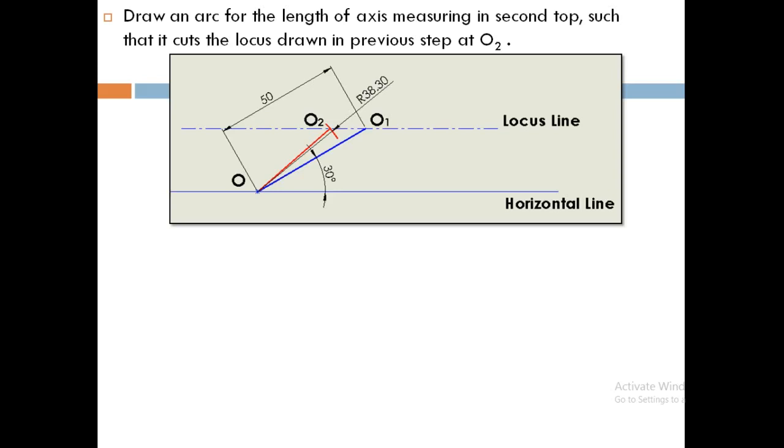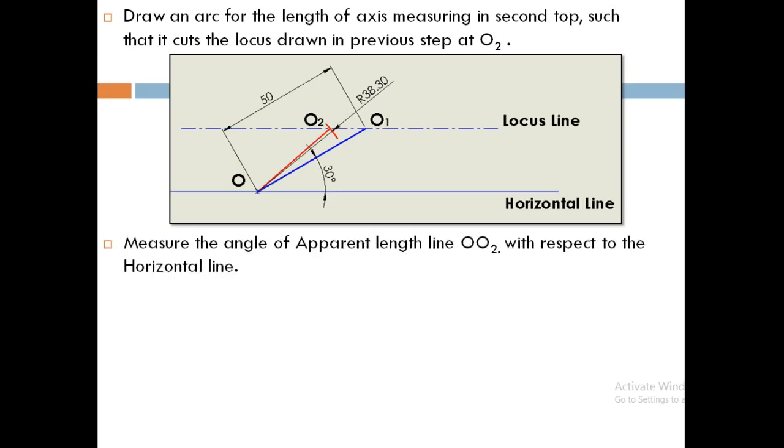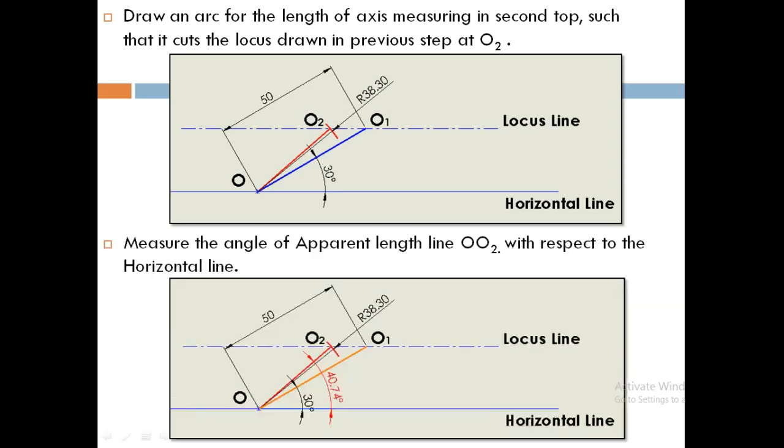After connecting O and O2, measure the angle of the apparent length line O O2 with respect to the horizontal line. O O2 is the apparent length line, which we obtained for the second top view length of 38.3 millimeter. If you measure this inclination with respect to the horizontal line, you get the beta angle.